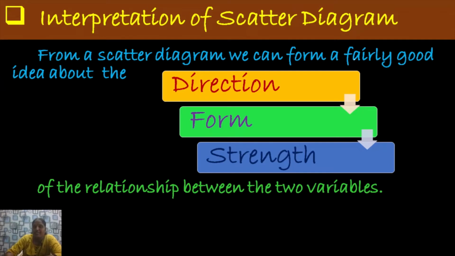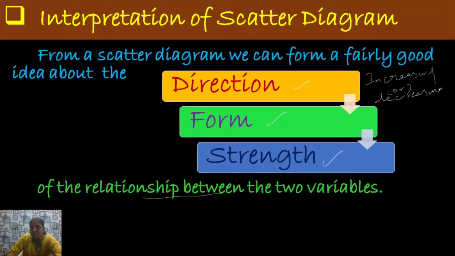From the scatter diagram, we can form a rough idea about the direction, form, and strength of the relationship between the two variables. Direction in the sense that the relationship between the variables is increasing or decreasing.